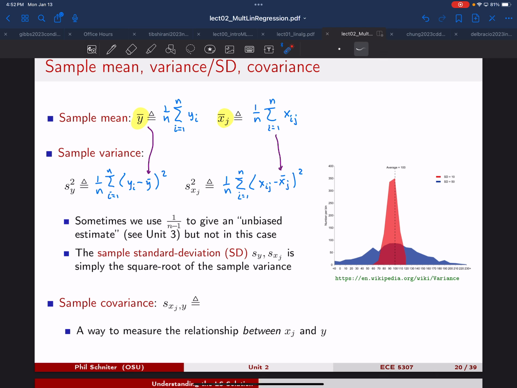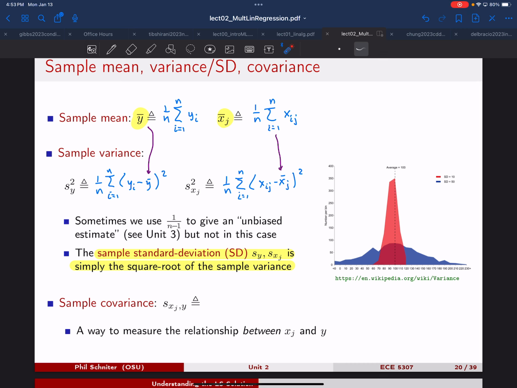So you take the square root of the variance, and that's where you get the sample standard deviation. Sometimes we'll use variance with the squares, and sometimes we'll use standard deviations, depending on which one is more appropriate for us at the moment. Okay, any questions so far?